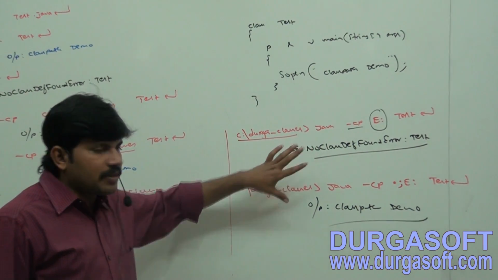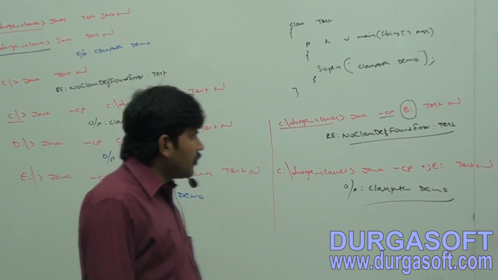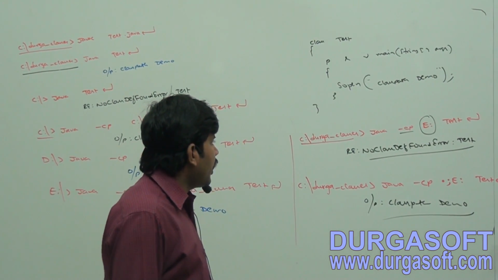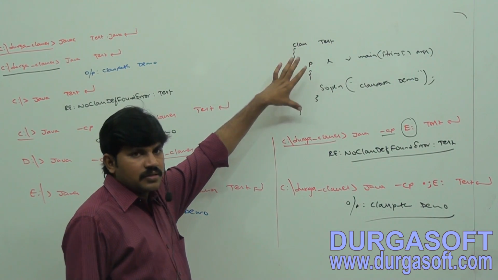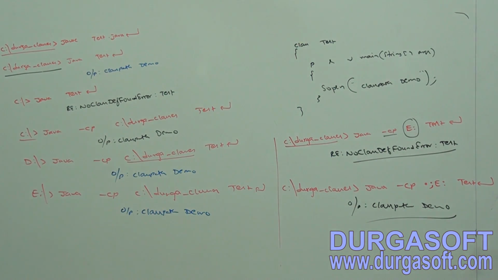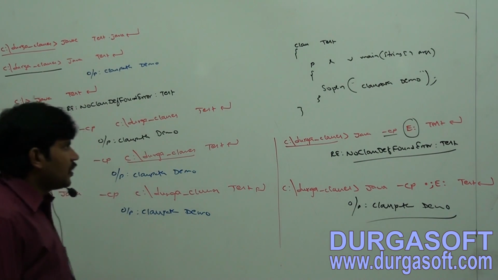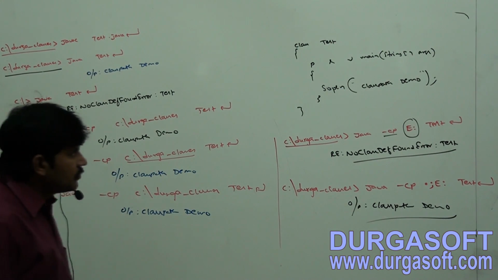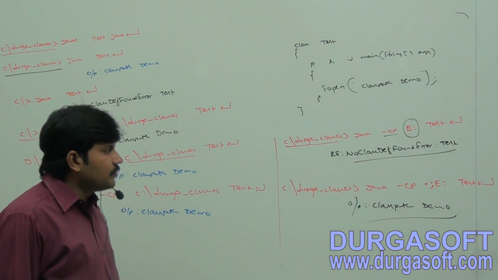Okay, this is from the command prompt and so on. Example 1. Take this code: class test, public static void main, string array args, SOP of class path demo.